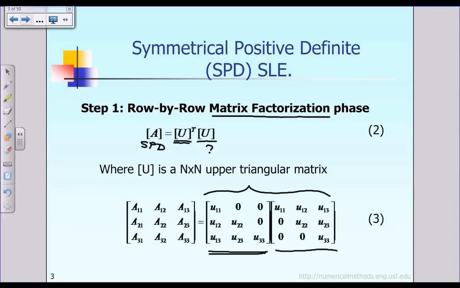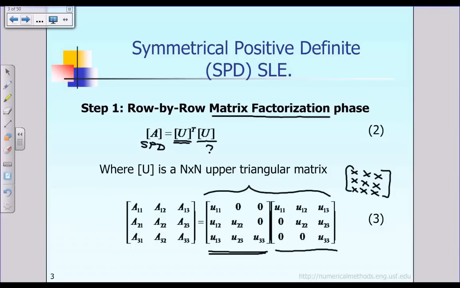After you multiply both matrices on the right-hand side, you will get a 3 by 3 matrix. Symbolically, it can be represented like this. And then we just equate each term of the matrix on the right-hand side with the left-hand side.